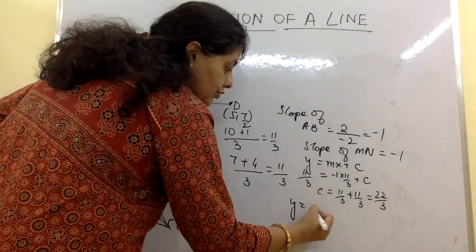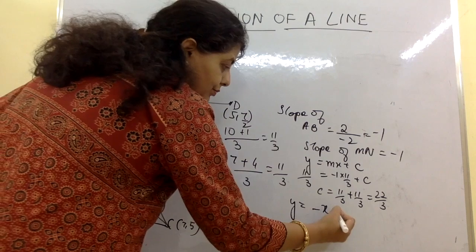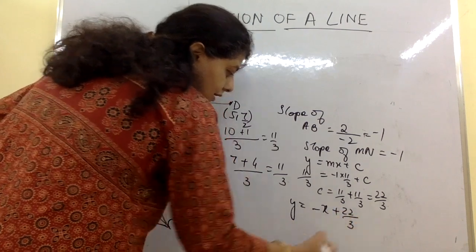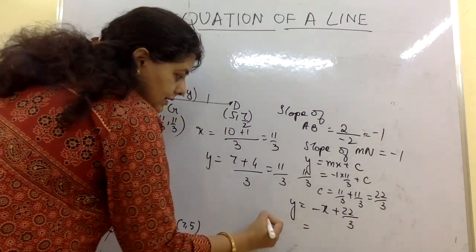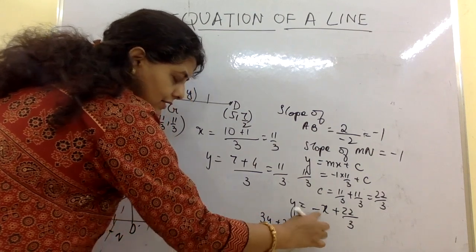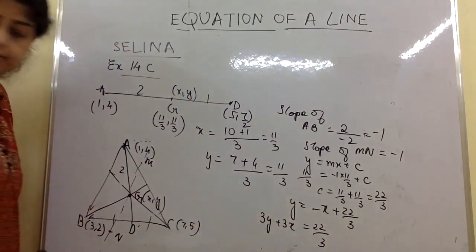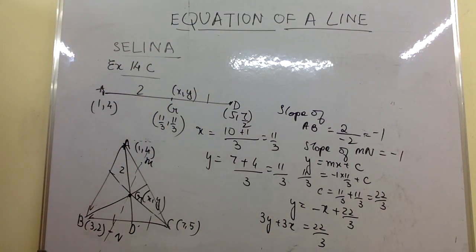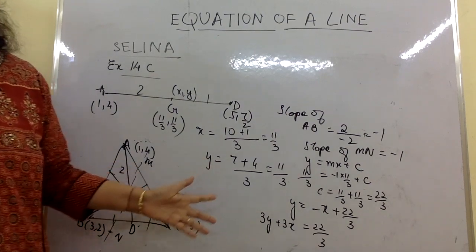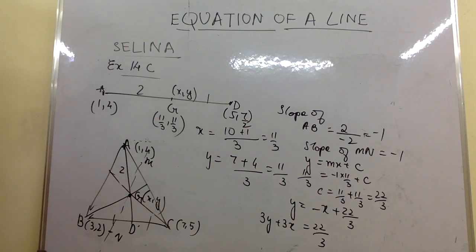Y is equal to minus 1 x, that is the slope, plus 22 by 3. That makes it 3y plus 3x equals 22, because minus 3x comes this side. So that is my final answer. That is the equation of the line which is parallel to AB.